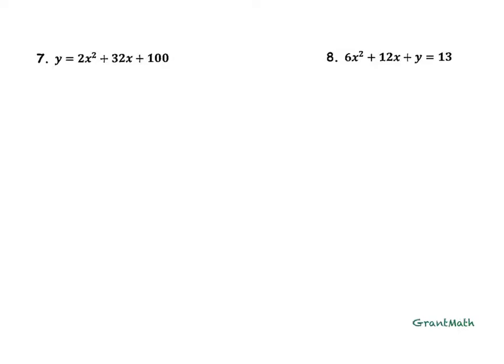So I would have to get this, and it would look like negative 6x squared minus 12x plus 13. And then I could begin number 8. So you're moving things over, but you change the sign when you move it over. This is a positive 6x, so I'd subtract 6x squared from both sides. It'd be a negative 6x squared. Same thing with the positive 12. Subtract the 12x from both sides.